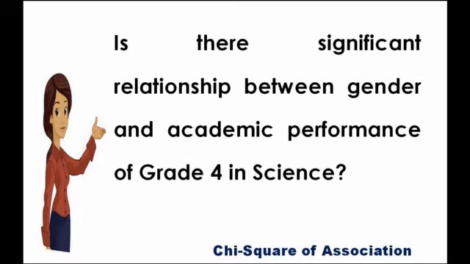Thus, we have to use Cramer's V in determining the degree of relationship, because the degree of relationship as presented in the context of correlational analysis ranges from -1 to +1.